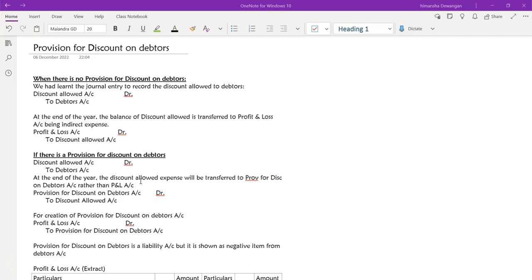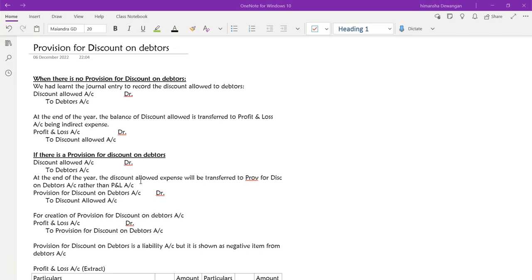Just like bad debts, even though in bad debts we have a lot of uncertainty, for the discount we have a higher level of certainty. So create a provision for discount on debtors, because this much amount we are not going to receive and we are going to allow this much as discount. Is this clear, Richa? Yes, ma'am.